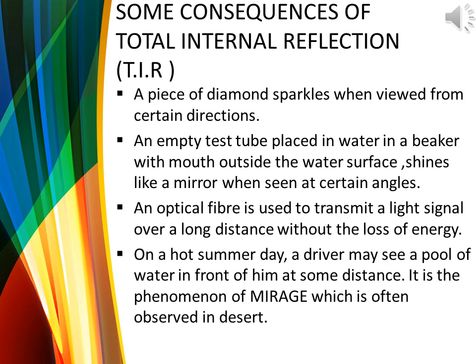An optical fiber is used to transmit a light signal over a long distance without the loss of energy. And last but not the least, on a hot summer day, a driver may see a pool of water in front of him at some distance. It is the phenomenon of mirage, which is often observed in desert. And again, this is happening because of TIR.